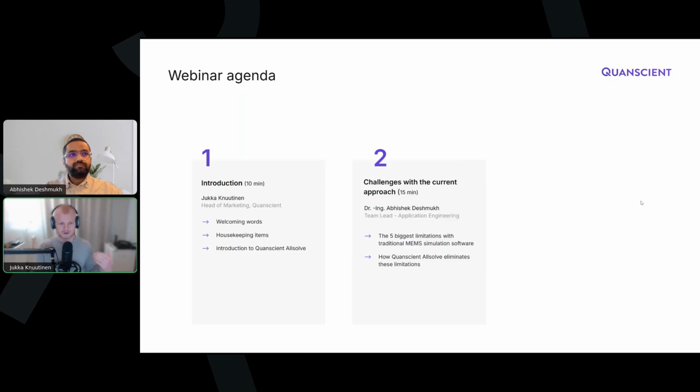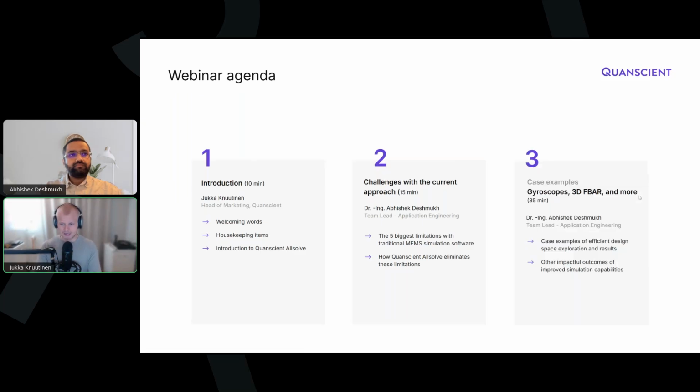So going over some limitations with traditional software, and specifically what kind of limitations Allsolve is unlocking or eliminating, and then into the case examples themselves and the results and other impactful outcomes of these improved simulation capabilities.